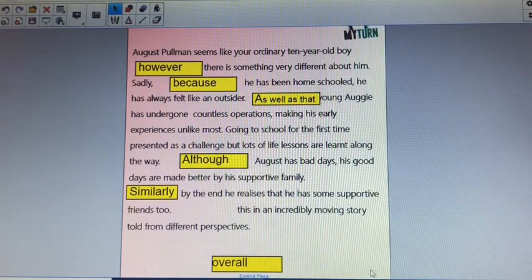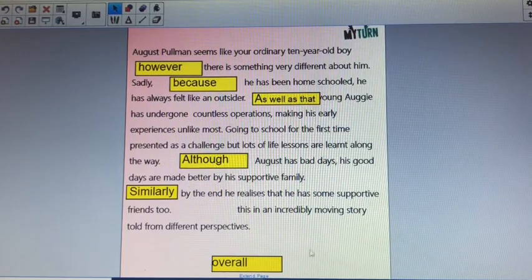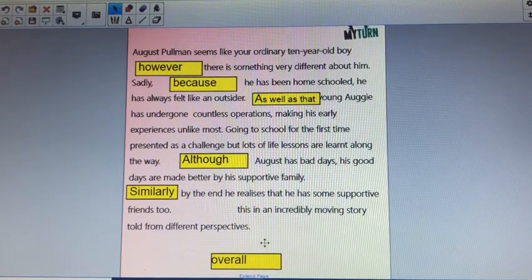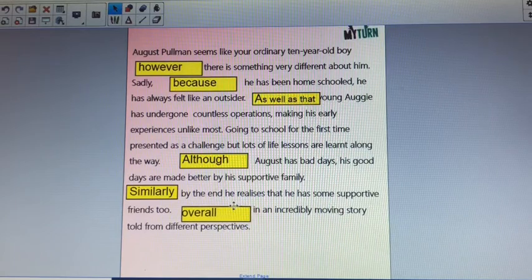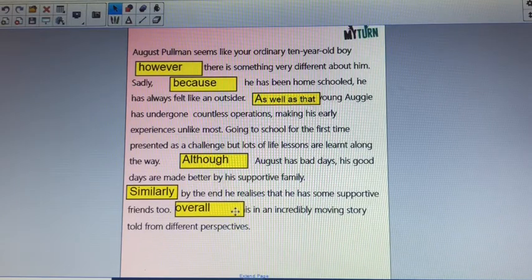Blank. This is an incredibly moving story told from different perspectives. I can tell this is the concluding sentence. We're finalising our writing, so we've got to use a summarising conjunction. Overall works here.